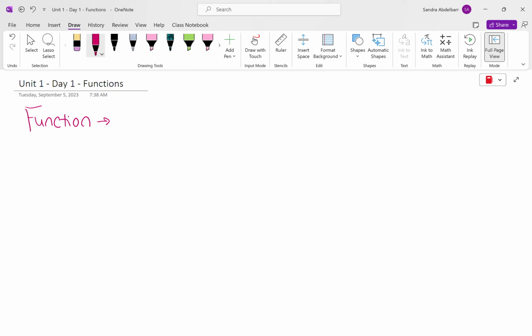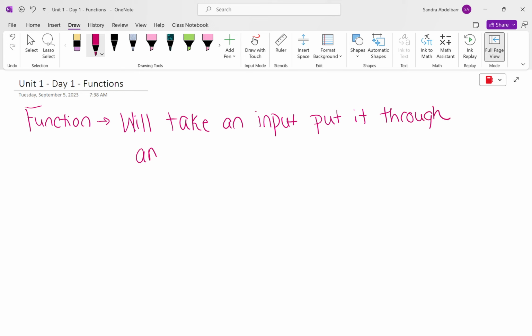So let's write this down. Function. We'll take an input, and it will put it through an expression and will produce a given output.